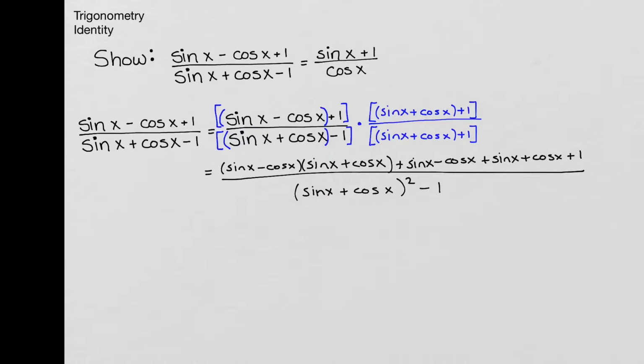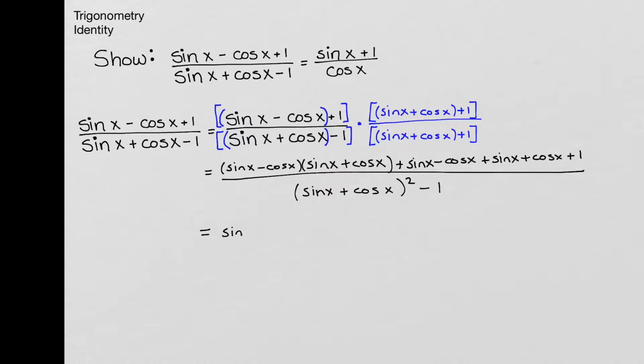Next, I'll simplify, combine like terms, multiply out, do that good stuff. Just make sure that you're not doing too many steps in one just because it's fairly simple algebra. So now I have sine x minus cosine x times sine x plus cosine x. So again, I can use the difference of two squares formula.